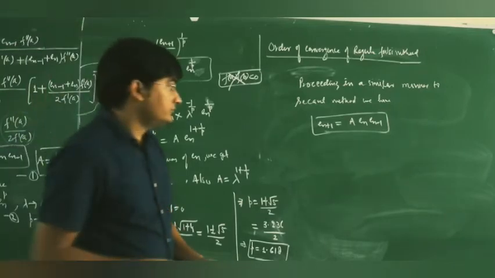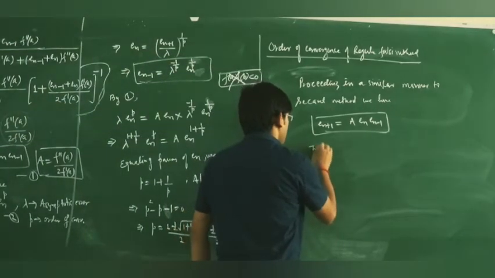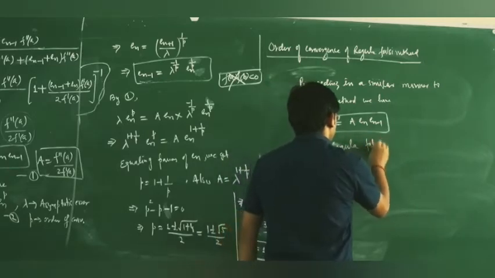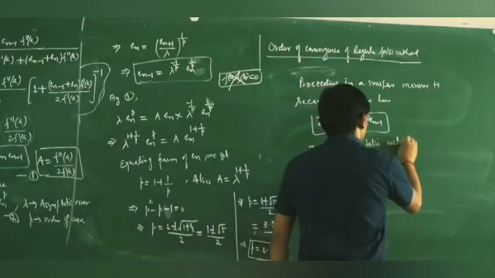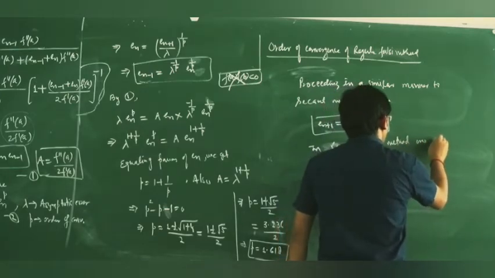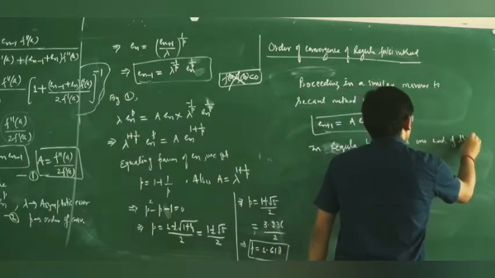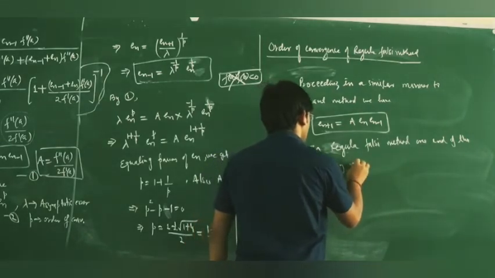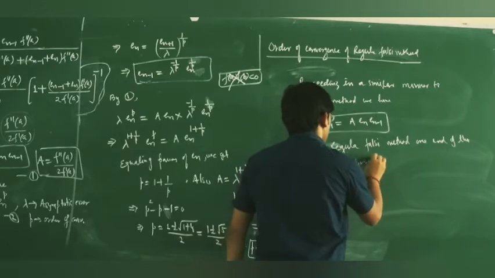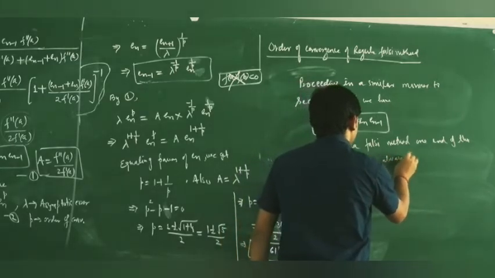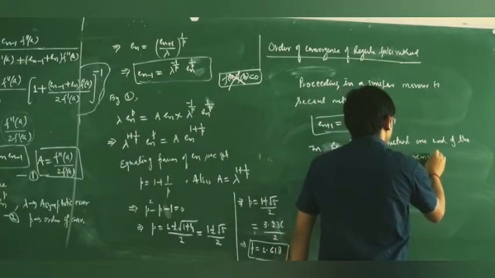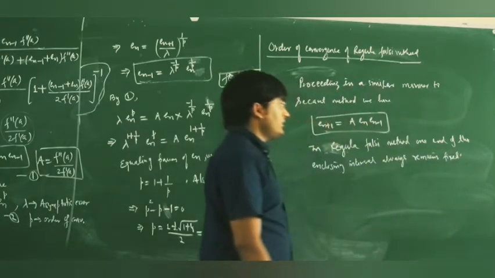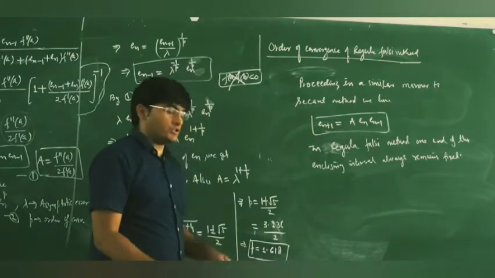So in regular Falsi method, one end of the enclosing interval always remain fixed.